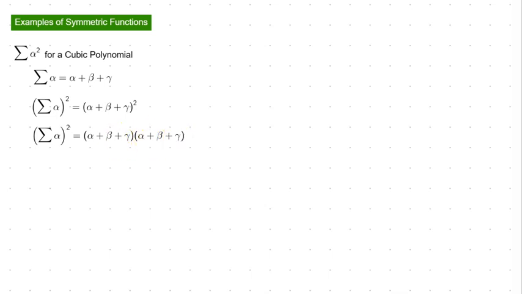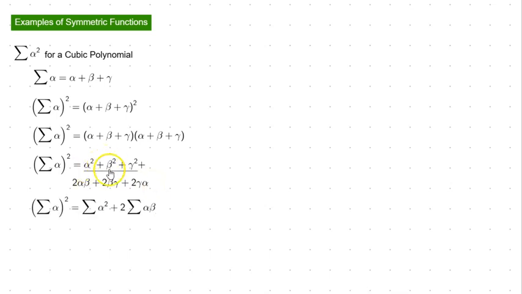Now expanding this, what do we get? We get alpha square plus beta square plus gamma square plus 2 alpha beta plus 2 beta gamma plus 2 gamma alpha. Alpha square plus beta square plus gamma square is nothing but, in sigma notation, sigma alpha square.